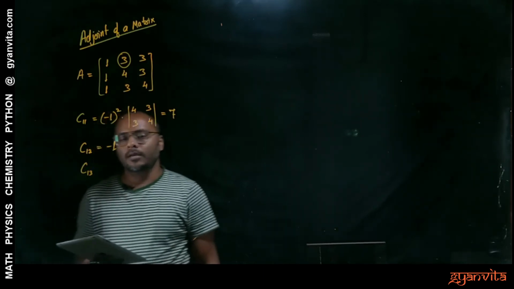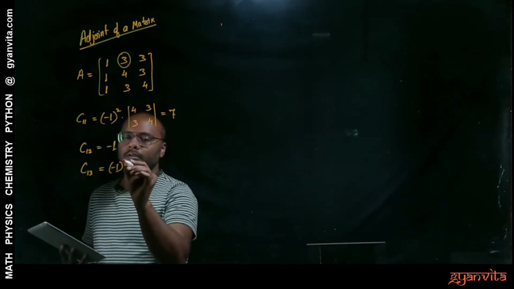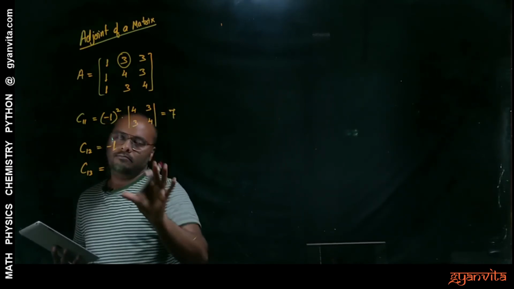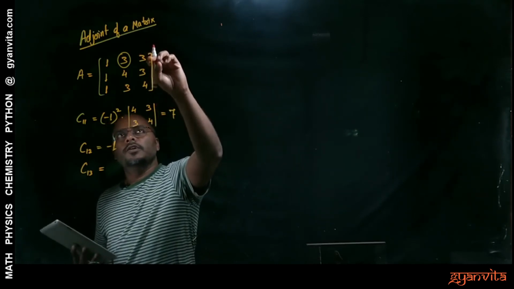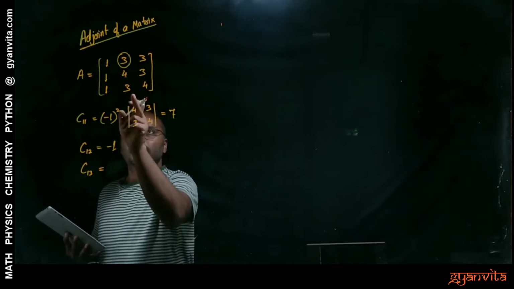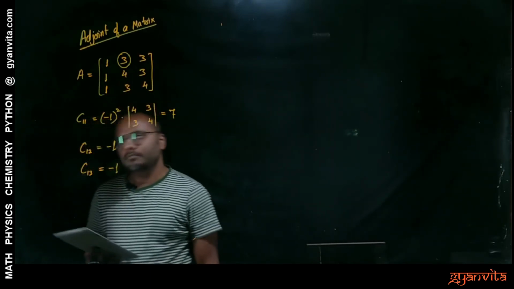So C13 is minus 1 to the power 1 plus 3, 4, so whatever you get positive, take positive, you get negative, take negative. This is position 1 comma 3, first row, third column, 1 4 1 3, so that is 3 minus 4, that is minus 1, so even C13 is minus 1, correct?